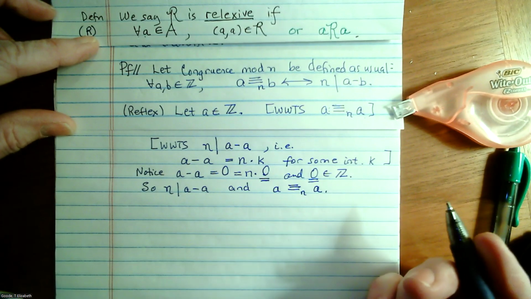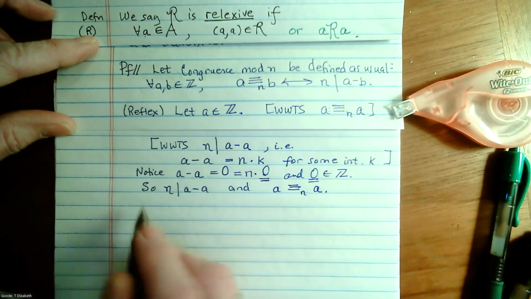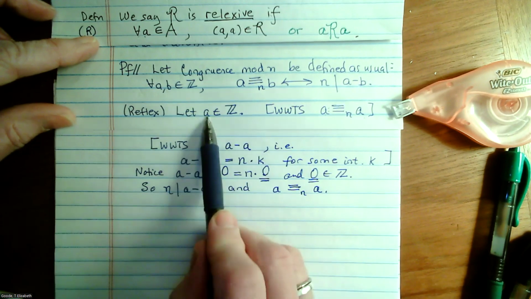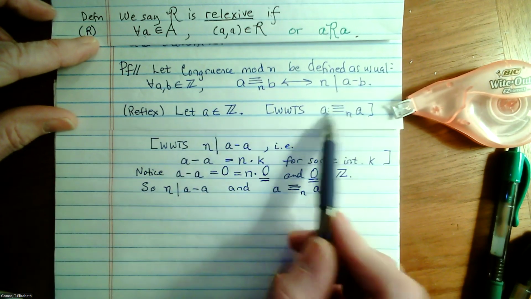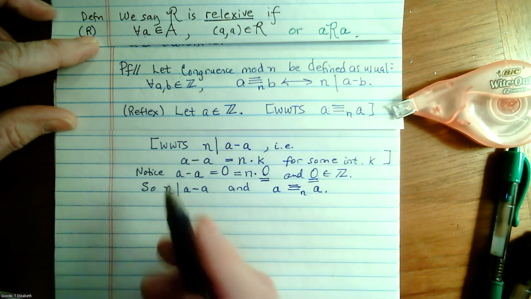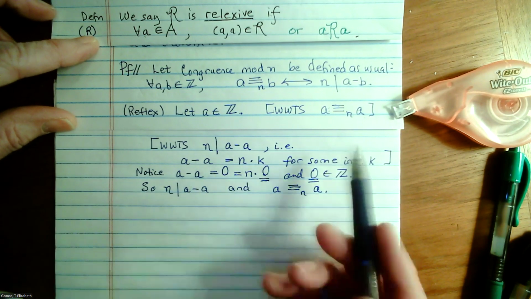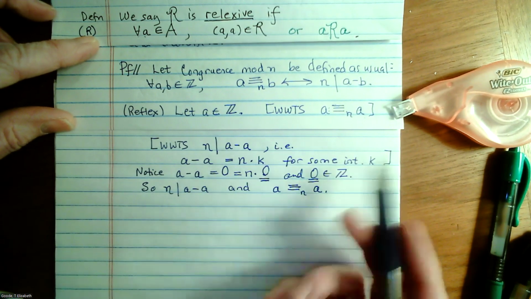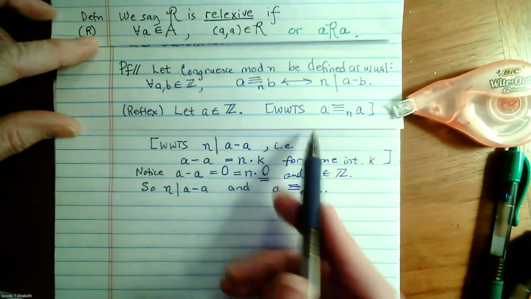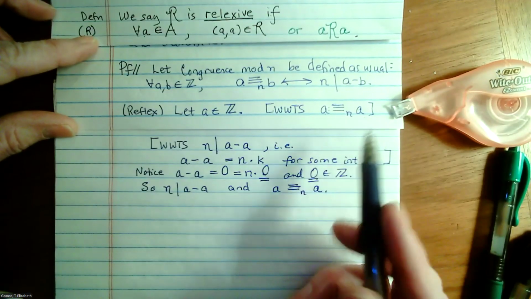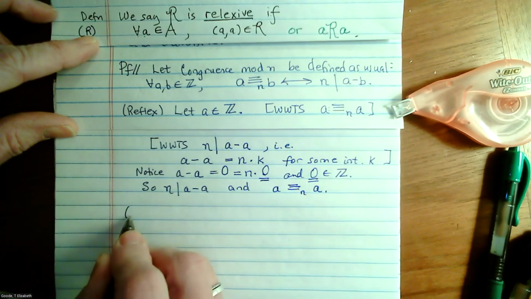So we just proved reflexivity. Every integer is congruent mod n to itself. I mean, there's no jumps of size n between a and a. There's no space between a and a at all, and that's a multiple of whatever, in this case, n.